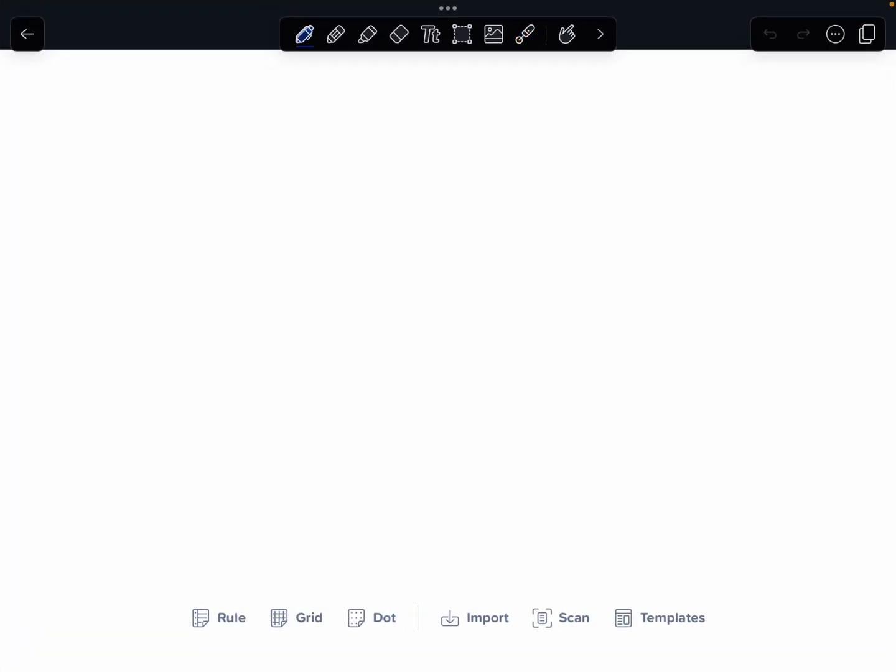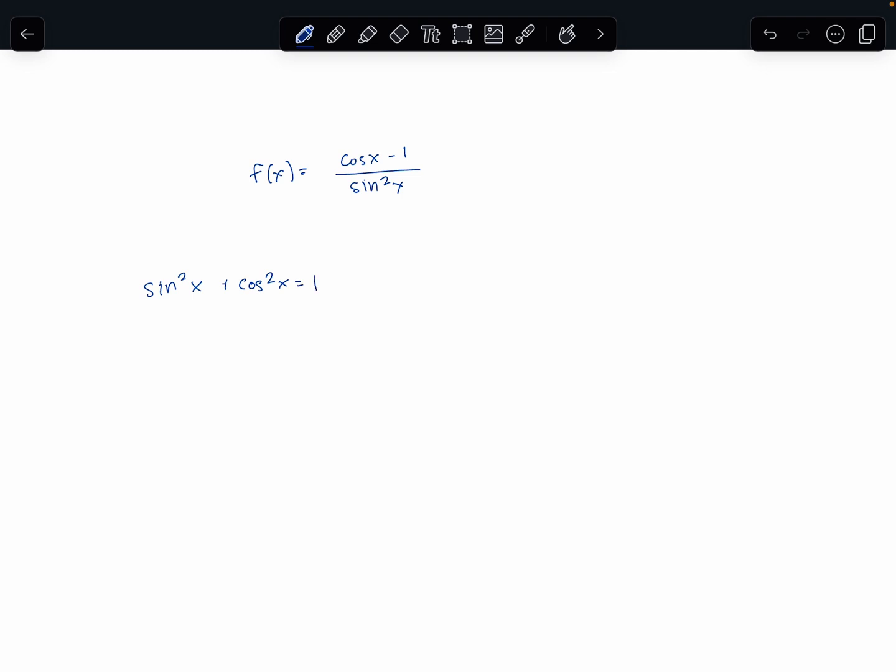So we have the function given as cosine of x minus 1 over sine squared of x. And so there's the trig identity that sine squared of x plus cosine squared of x is equal to 1. Therefore, sine squared of x is equal to 1 minus cosine squared of x.